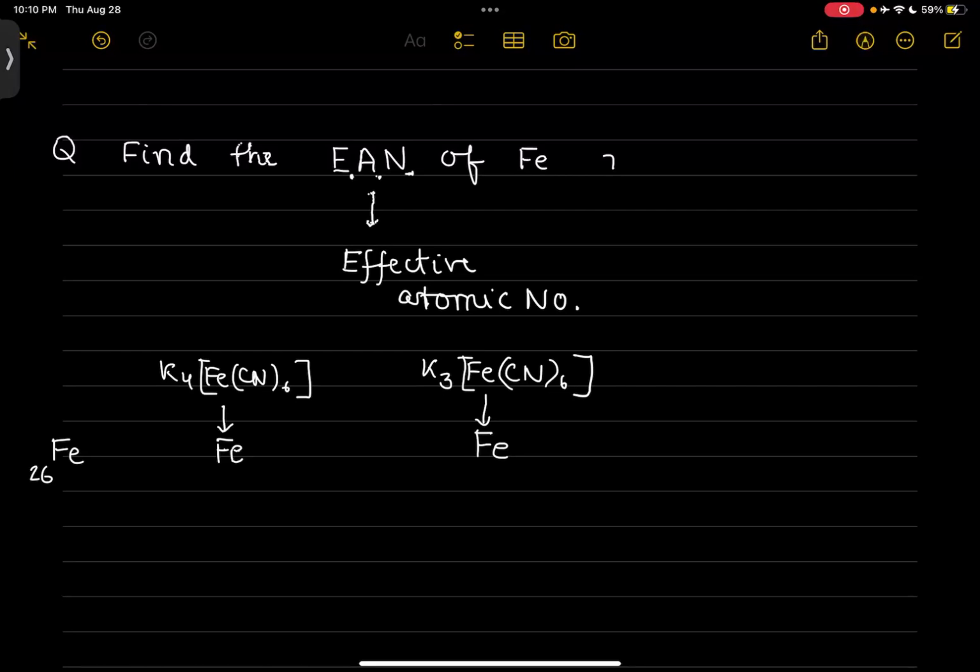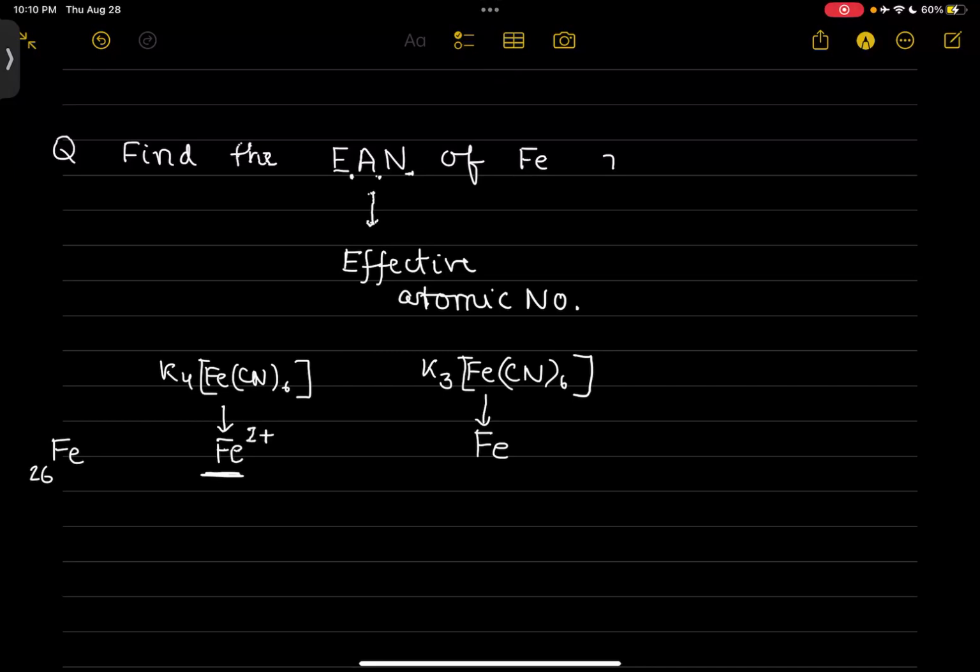Because you need to find the electrons. In order to find the electrons, you need to know the charge. Are you getting my point? What is the charge on the iron in this complex? +1? Not +1. +2. Yes, +2. This is ferrous, potassium ferrocyanide.